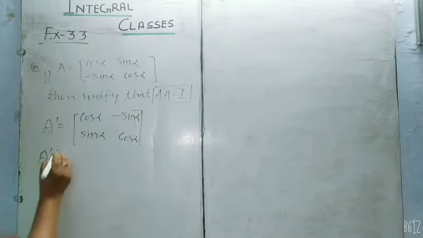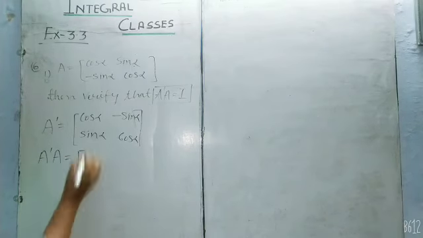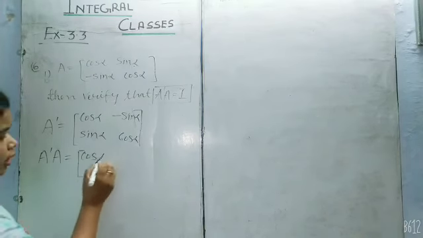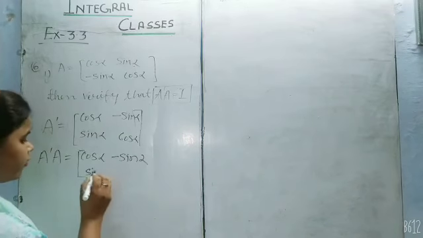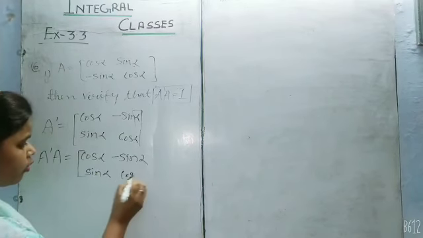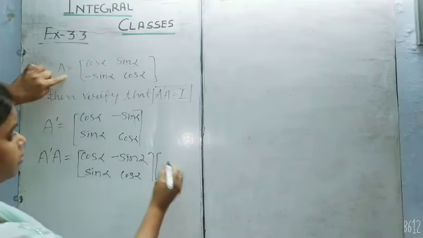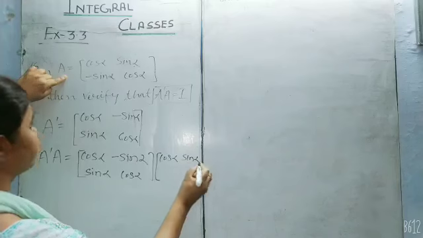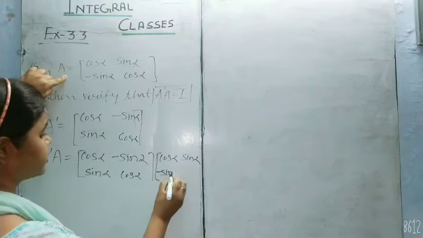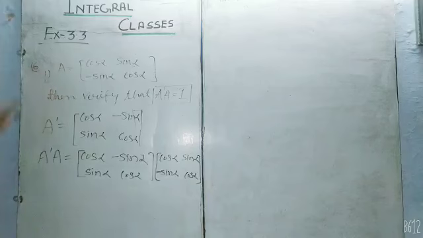A transpose A equals A transpose, which is cos alpha, minus sin alpha, sin alpha, cos alpha, multiplied by A, which is cos alpha, sin alpha, minus sin alpha, cos alpha.